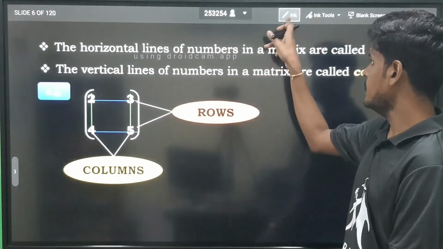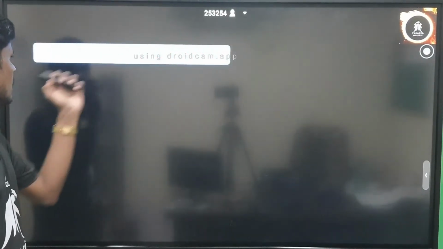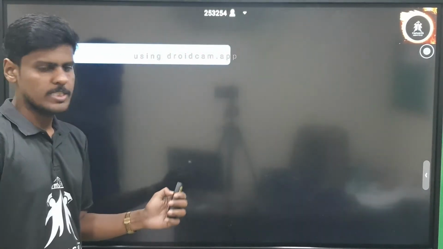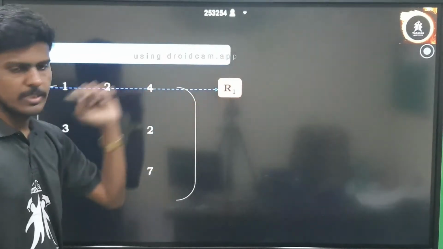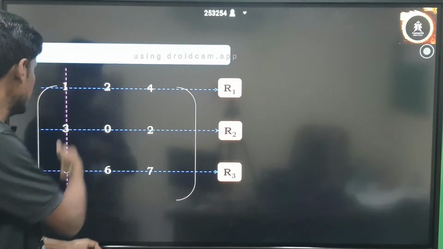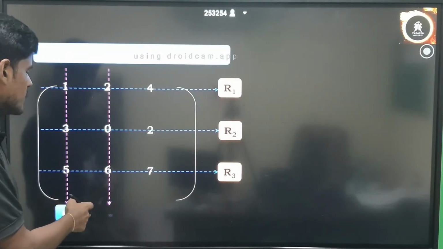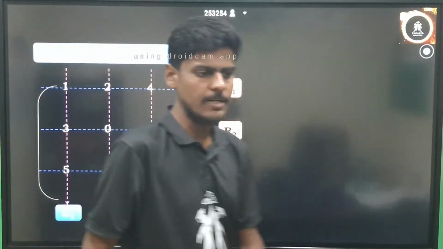Likewise, we generally denote rows and columns. Okay, next, notation of rows and columns. 1, 2, 3, that's what I told. This is R1, R2, R3. Similarly, column 1, column 2, column 3. So this is how we represent matrices.